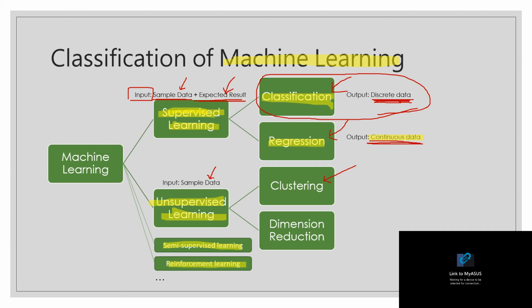So this is clustering. The computer automatically gives labels to your photos and then does the clustering.